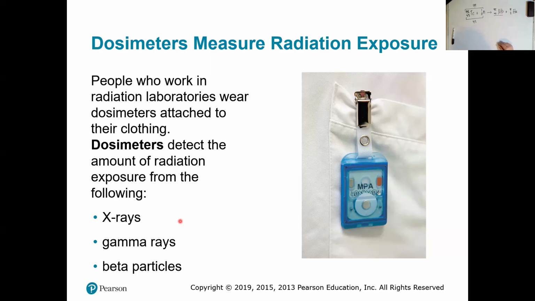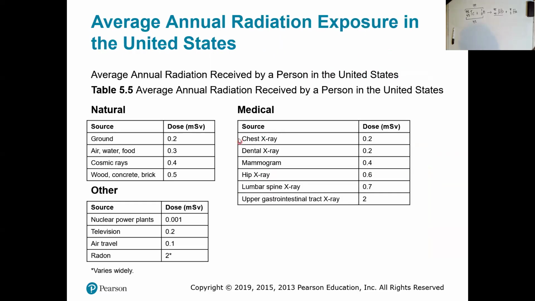You might have something that emits some kind of sound. There are different types of detectors or different ways that the dosimeters show that you're at unhealthy exposure levels. But you can wear these and monitor what's happening.